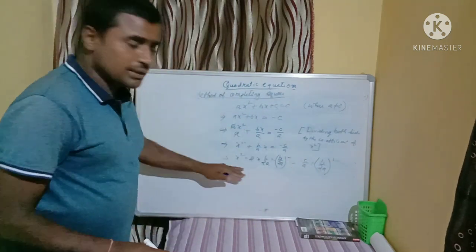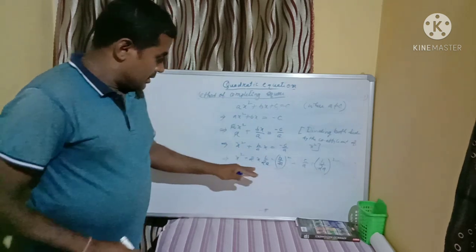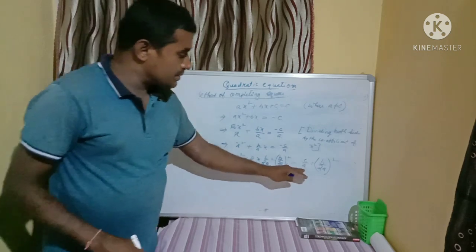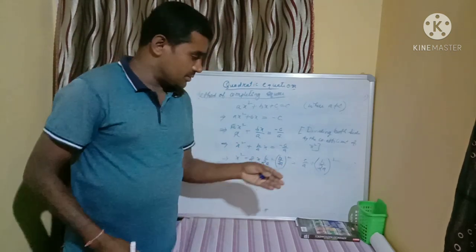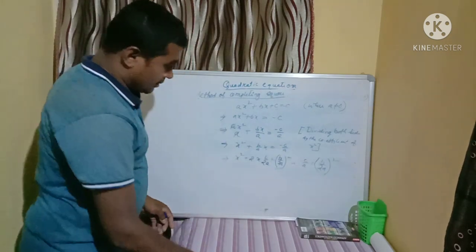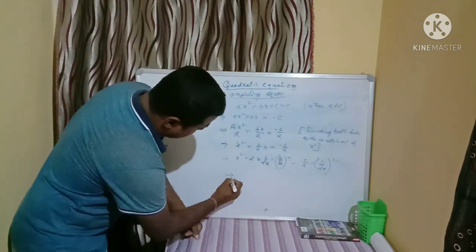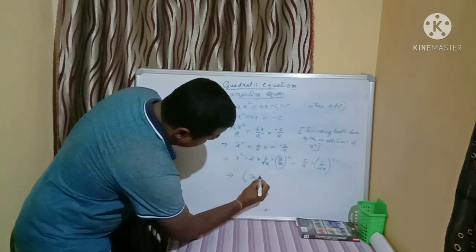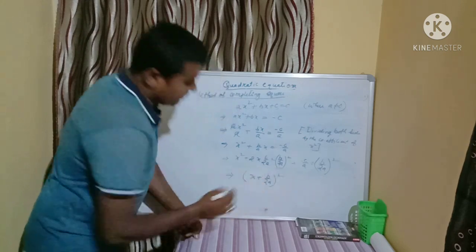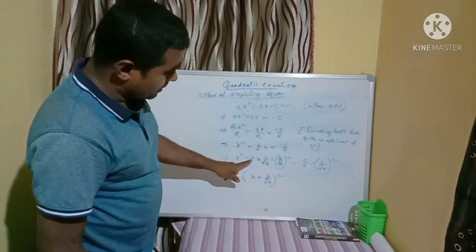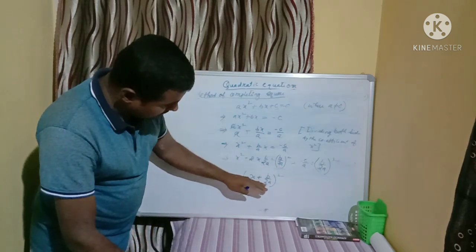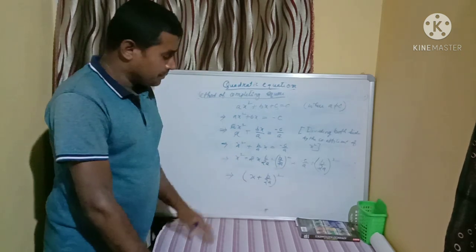Now what are the situations in the left side and right side? Whenever we add b by twice a whole square on the left side, we have to do the same on the right side also. On the right side we will add b by twice a whole square. Now you observe, on the left side you get a plus b by twice a whole square, because a square plus twice ab plus b square on the left side means we get a plus b whole square.